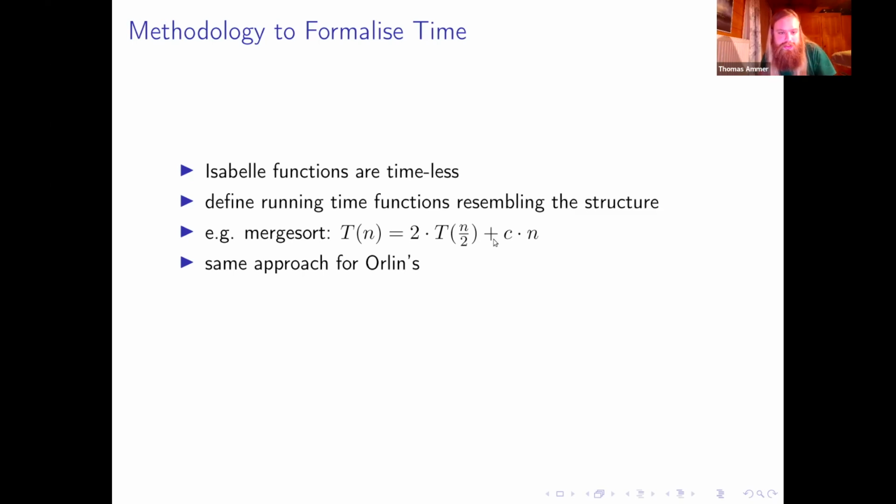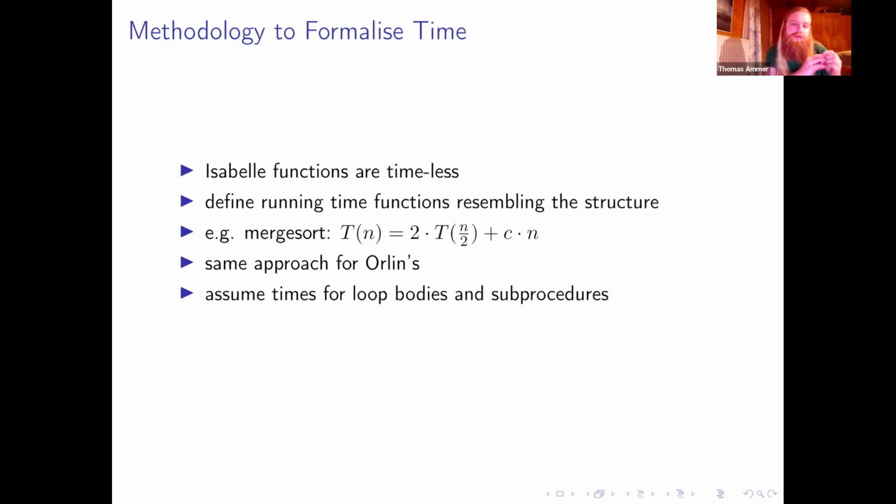And the same approach works for Orlin's, although we will have 3 functions because there are 3 loops, and each of those functions will be much more complicated than the one displayed on that slide. And then because Orlin's algorithm makes use of sub-procedures for path selection, we have to assume times for these as well. So we also assume natural numbers whose meaning is the running time of the respective sub-procedure.